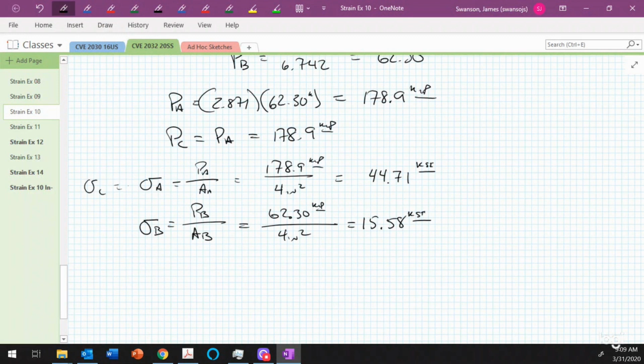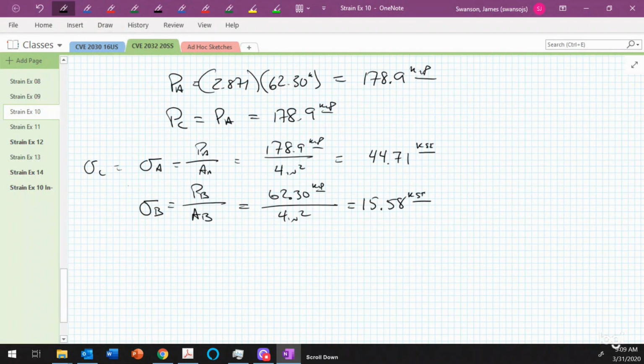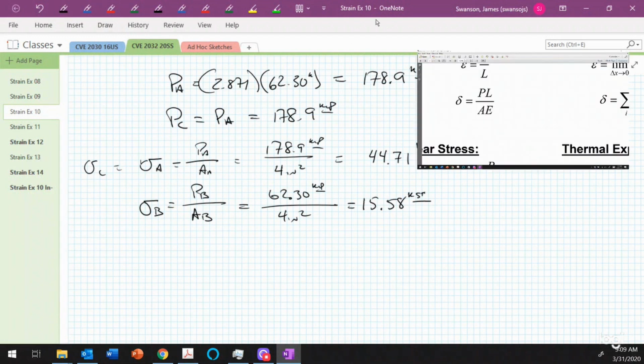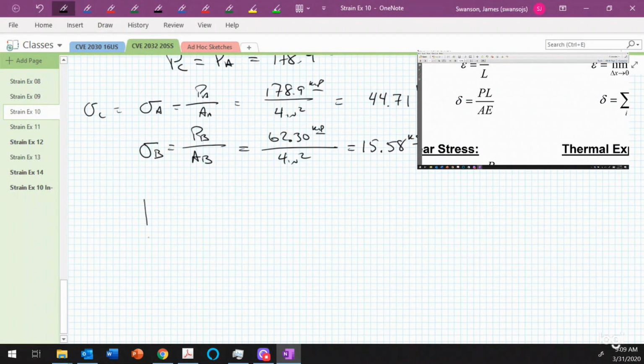So the last part of the problem asks us to check for yielding. This is important because the relationship that we used for our deformation, delta equals PL over AE, is a function of Hooke's law. If we go back and look at our stress-strain curve for the material, we plot strain on the horizontal as the independent parameter and stress on the vertical as the dependent parameter, and we end up, for steel and for aluminum, with a curve that looks kind of like that. That's more for steel than it is for aluminum, but anyways.